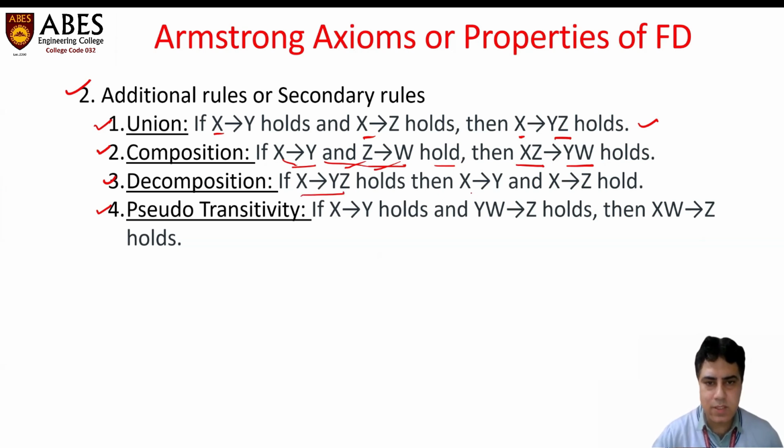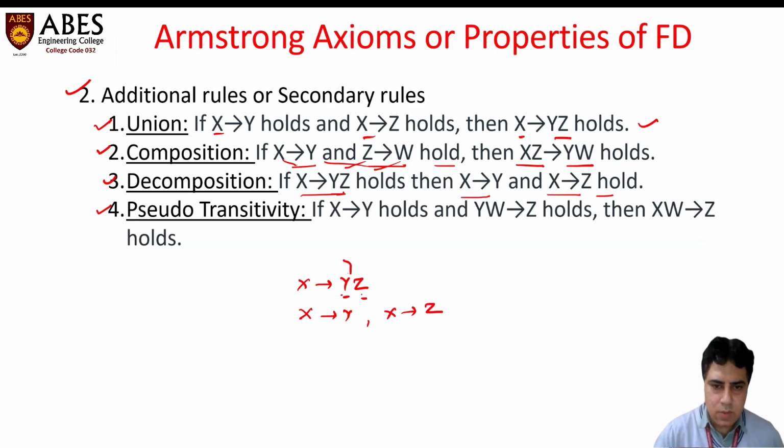If X determines YZ holds, then X determines Y and X determines Z also hold. This is decomposition. We can decompose the right hand side. For example, X determines YZ. We can decompose this right hand side only: X determines Y and X determines Z, because both are dependent attributes and they are dependent on X. So this is valid.